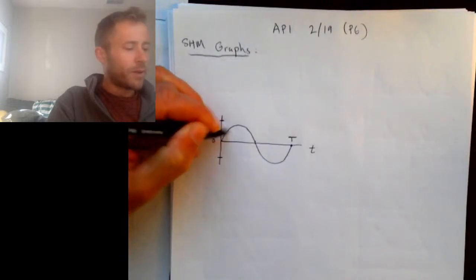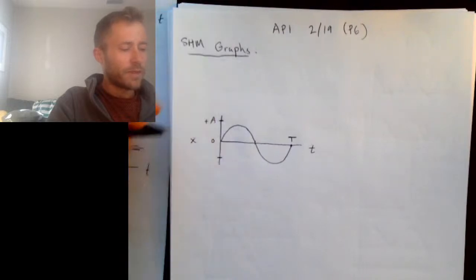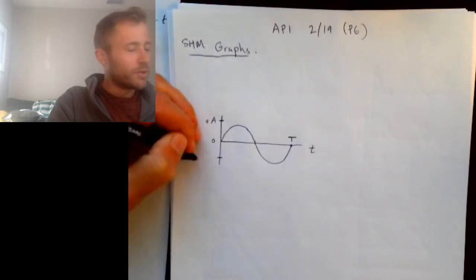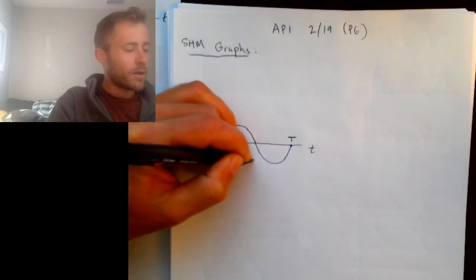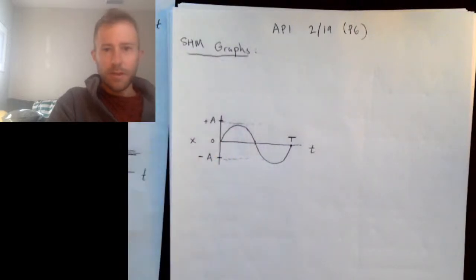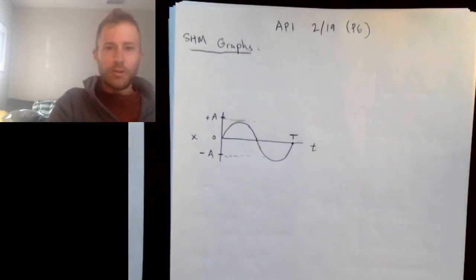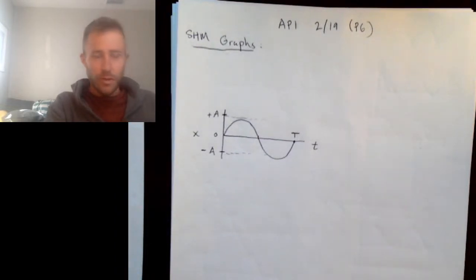The most positive the x value goes is an amplitude, and the most negative it goes is minus an amplitude. That's supposed to be level with that. What we want to do is produce a bunch of other graphs from this.